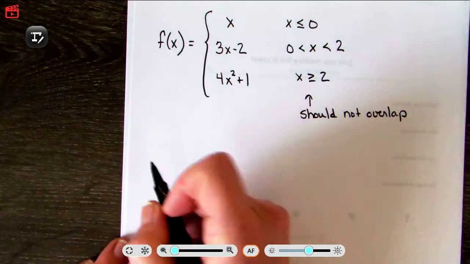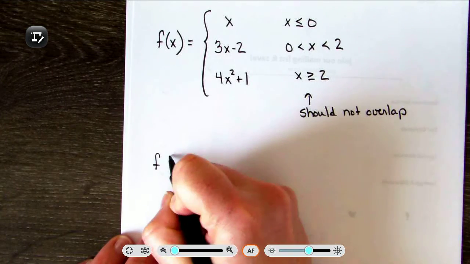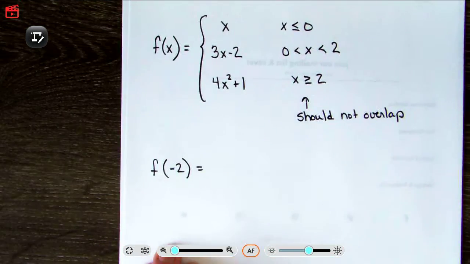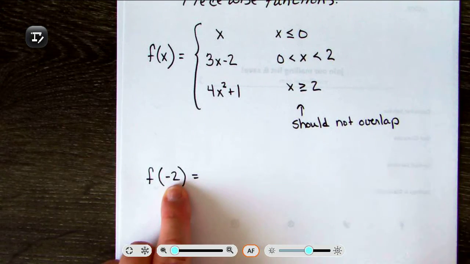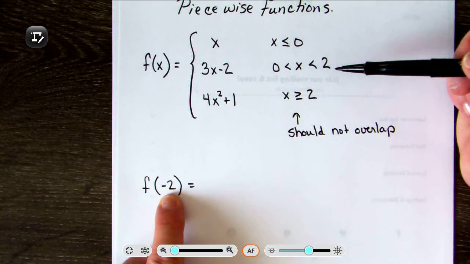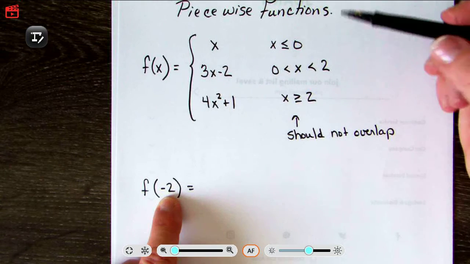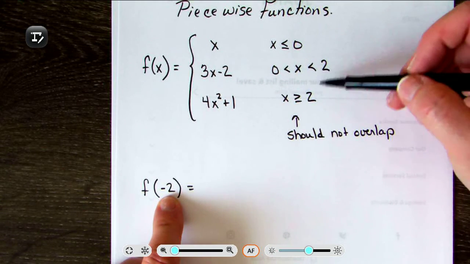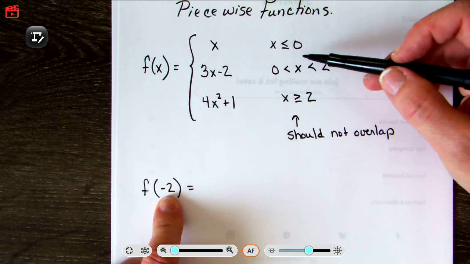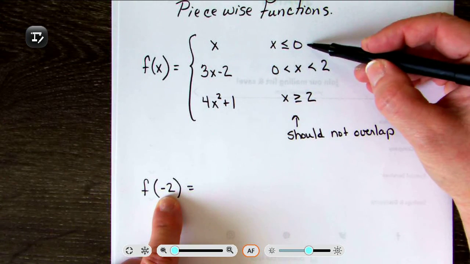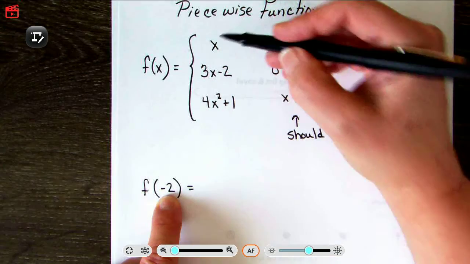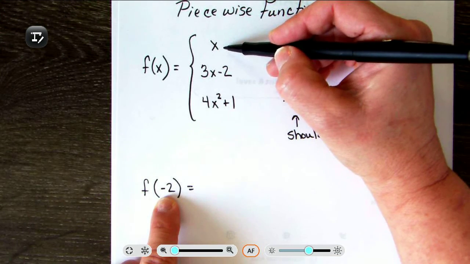If I want to find out what f of negative 2 is, the first thing I have to do is find out which qualifier this value falls into. Negative 2 will only fall into one of those pieces. It falls into the top one because negative 2 is less than 0, which means this is the rule we're going to work with.